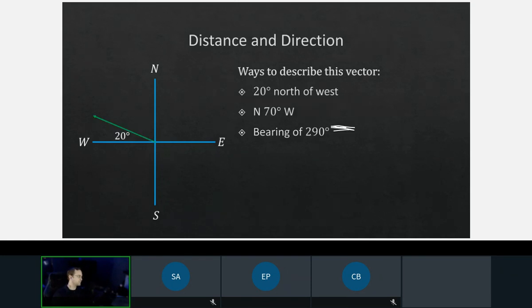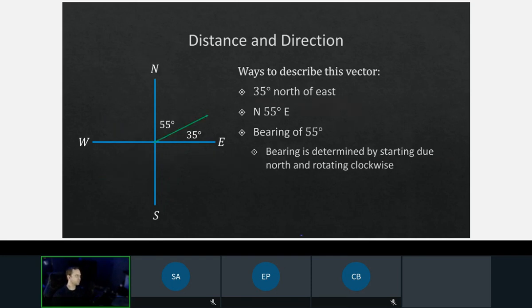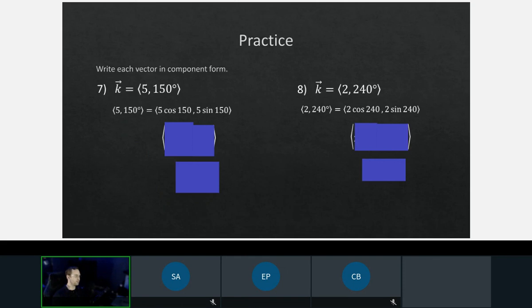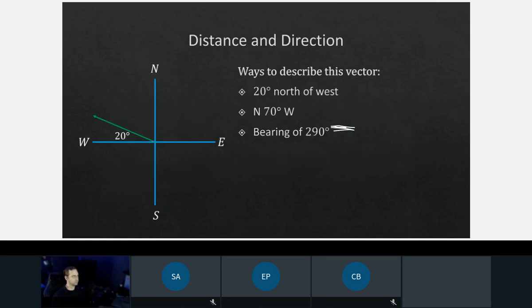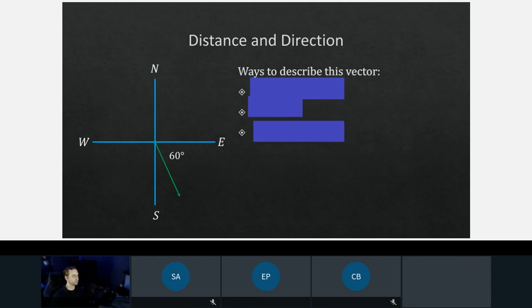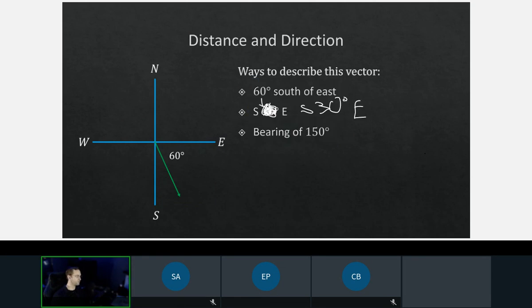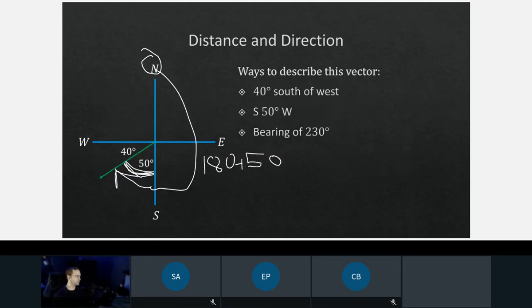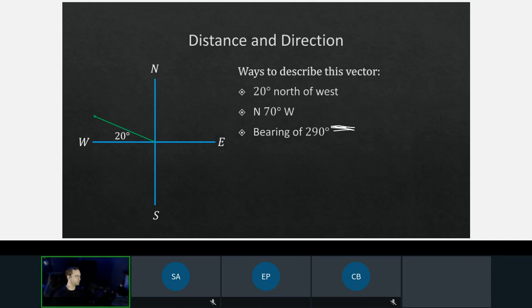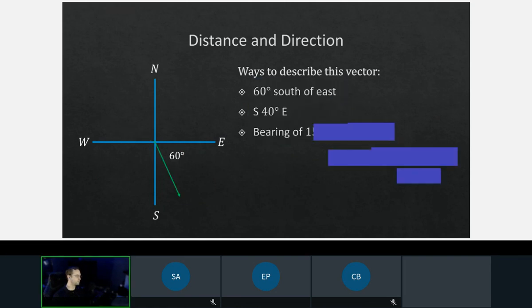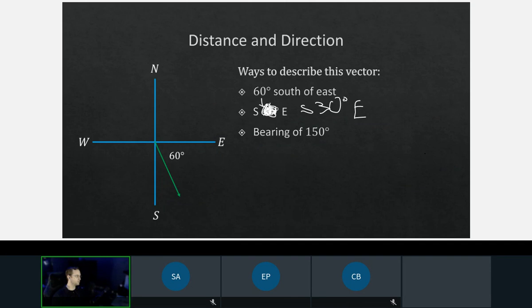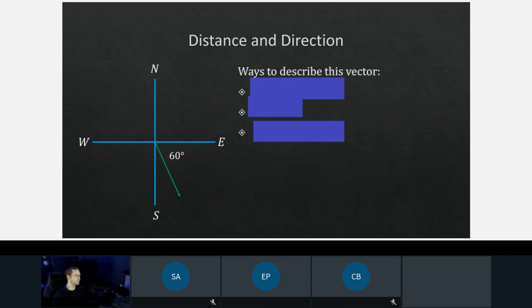Right, so I gave you 4 examples to help clarify what I think the module failed to do when going over these 3 forms. Oh wait, do I have one more? Hold on. 1, 2, 3, 4. Oh, I have 5 examples. Oh, it's the same thing.